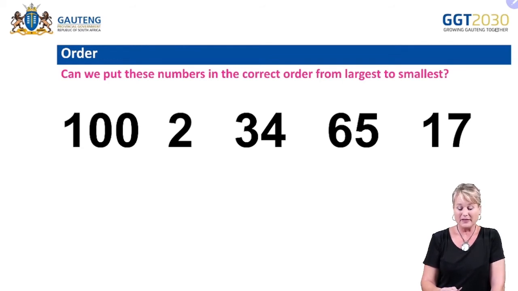Then we look at the other digits, and the next largest one is a 65, isn't it? Then it would be a 34. And then we've got 2 and 17 left, and we know 17 is next, and then 2 is last, because 2 is the smallest in that sequence.